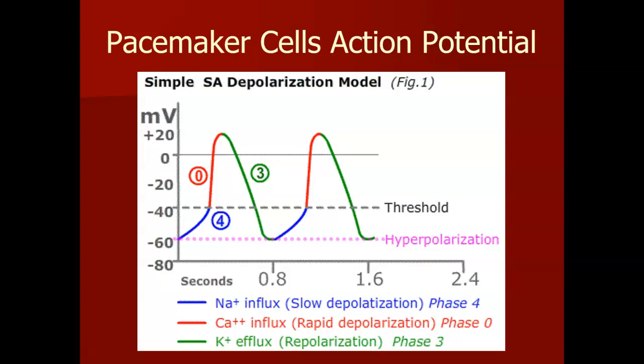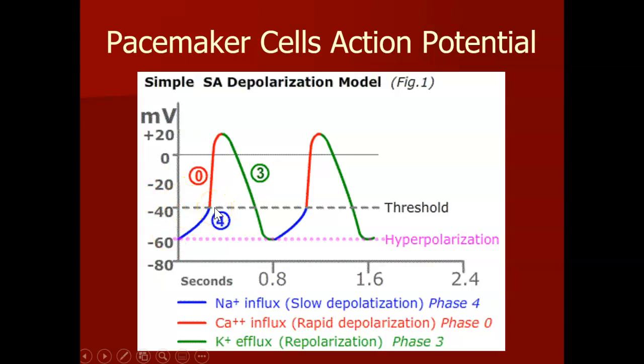If you look at pacemaker cells, unlike other cells, they don't have a true resting potential, or a static one. They're going to have a resting potential at or around -60 millivolts, and it's going to spontaneously move up to -40. And this is the threshold.